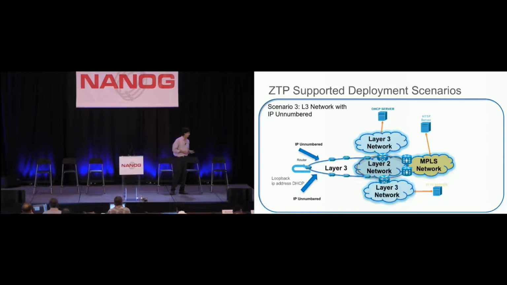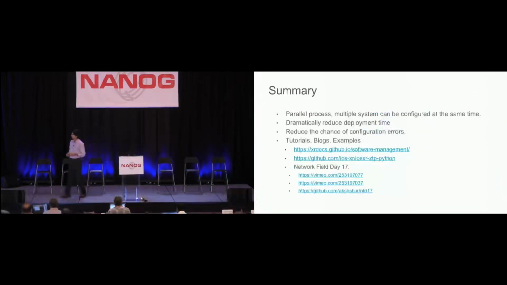This is seamless. So in summary, you can upgrade multiple devices in parallel. You can reduce your operational costs. It will reduce your chances of configuration failures or reachability issues.